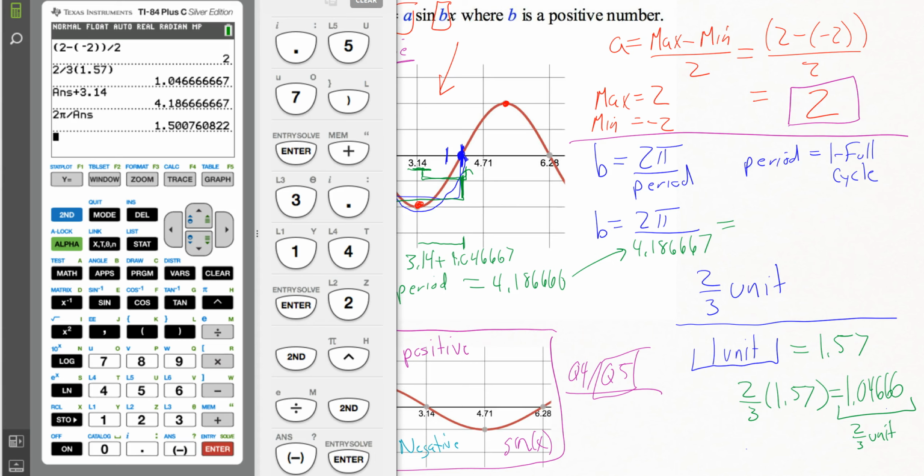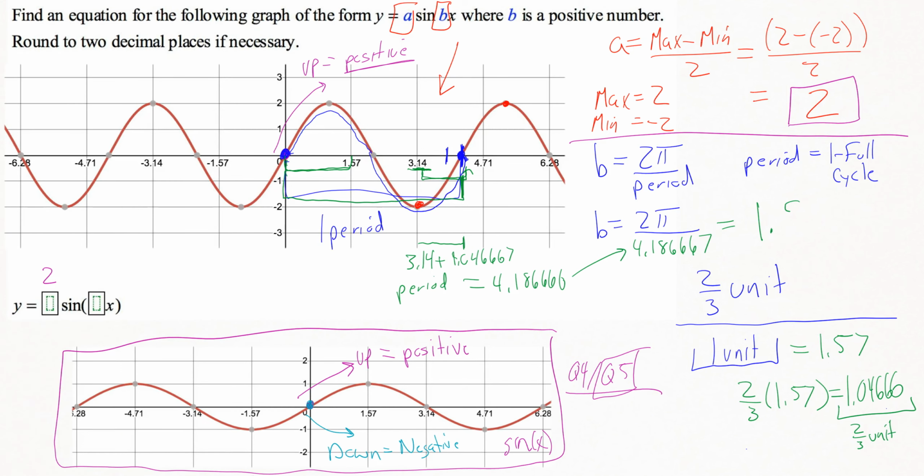You'll find your b value, rounded to 2 decimal places, is 1.50. So our b in this situation took a bit more work, but the answer is 1.50.